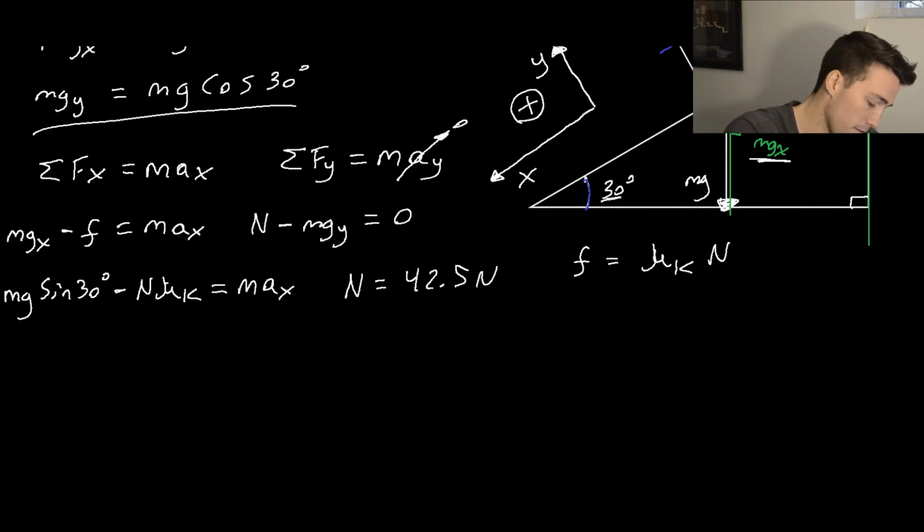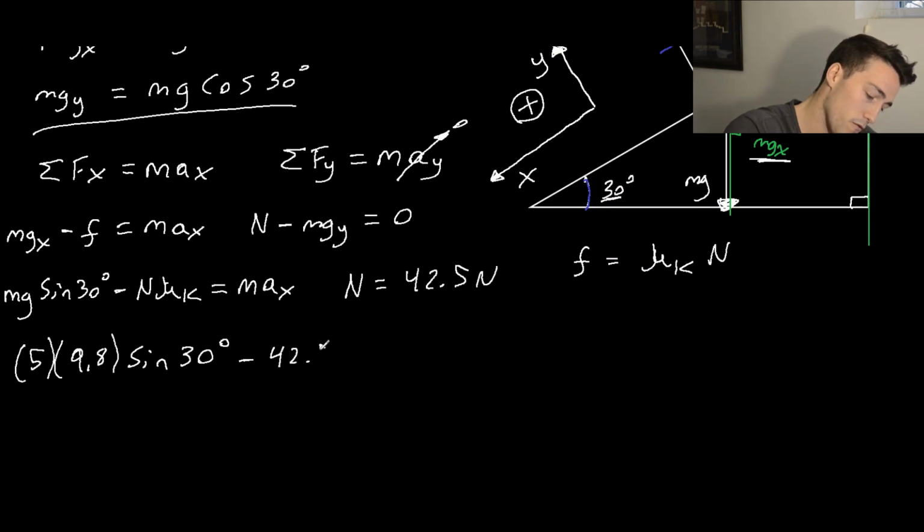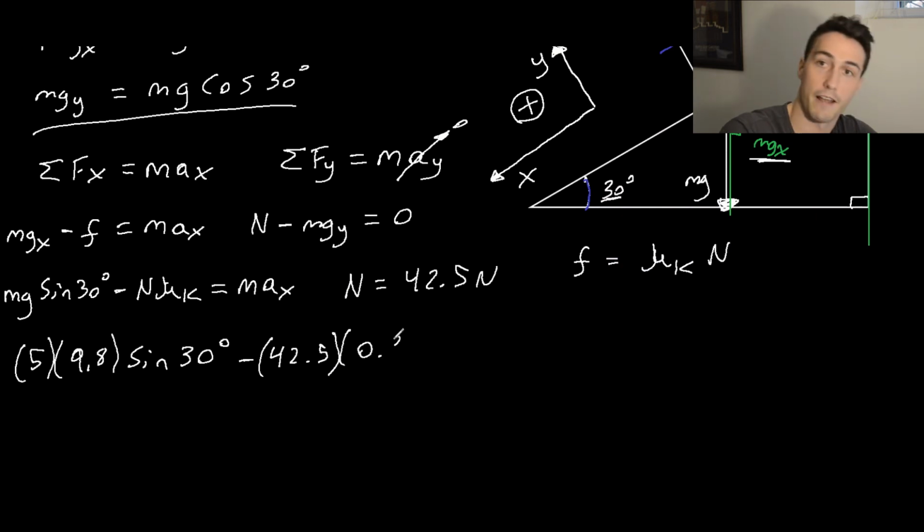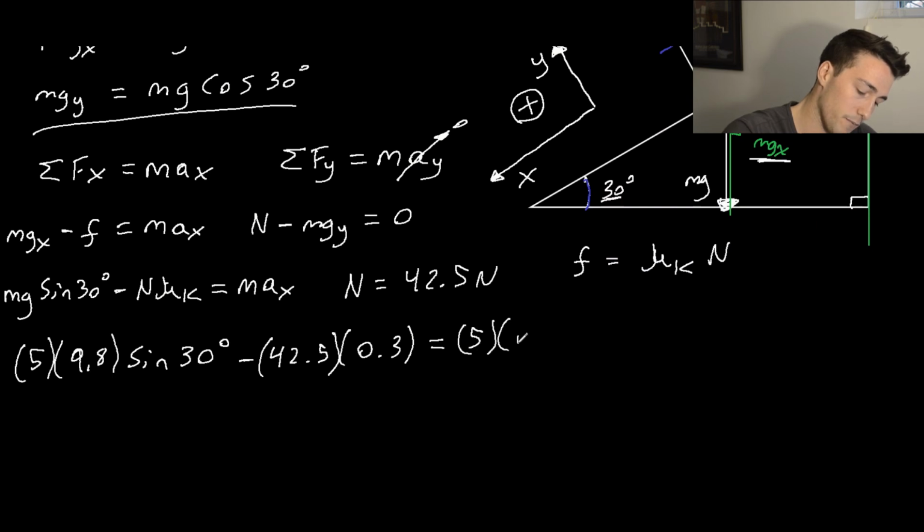So we have 5 times 9.8 sine of 30 minus 42.5, which is the normal force, multiplied by mu k, or the coefficient of kinetic friction, 0.3, and that's equal to 5 times the acceleration.